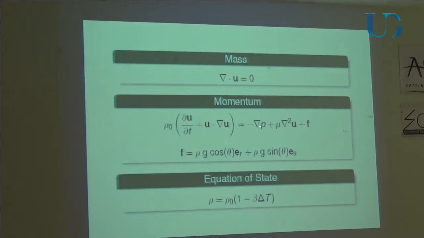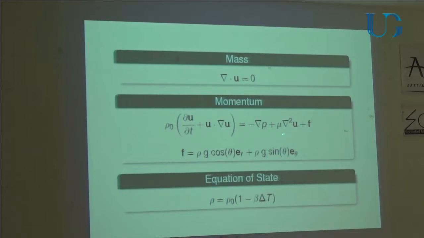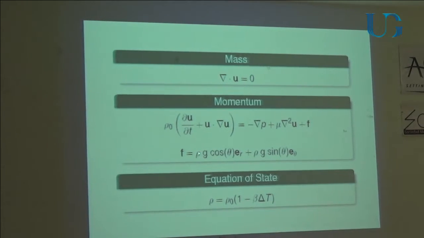Also, I have the pressure gradient and the diffusive term, but I now have to add a force that has to do with the density of the system, and I'm using this Boussinesq approximation to indicate that all properties of the fluid are constant except density, and I'm using an equation of state that indicates that the density is proportional to the temperature gradient.